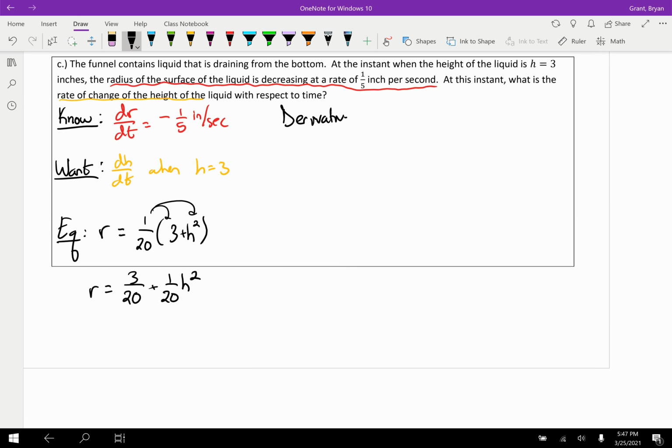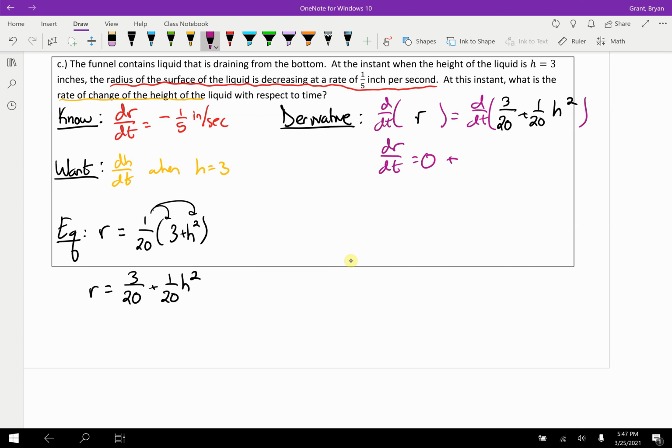The derivative has to be with respect to t. All of our related rates are going to be that. So we need to go d/dt of the left side and d/dt of the right. The left side is just r. The right side is 3/20ths plus 1/20th h squared. So this becomes dr/dt equals 3/20ths is 0.